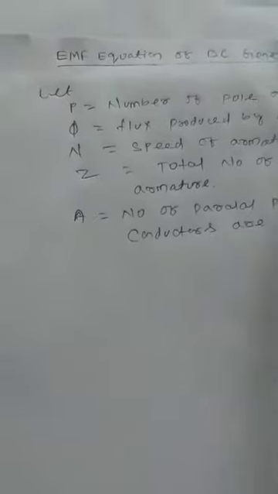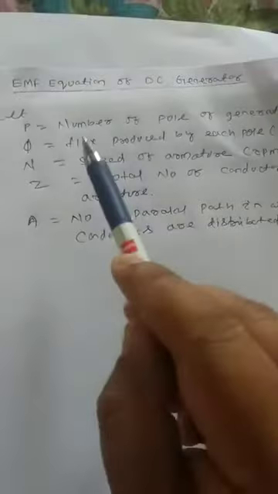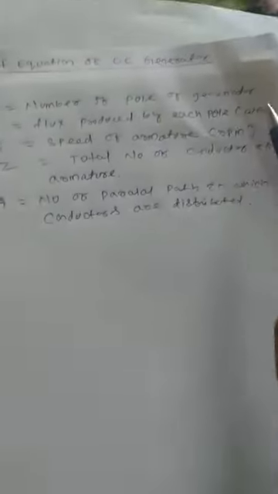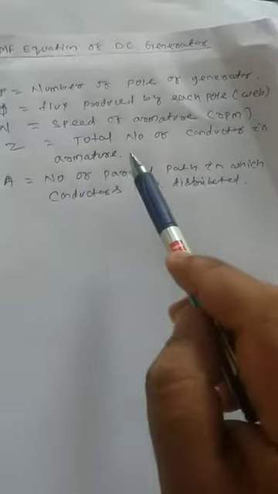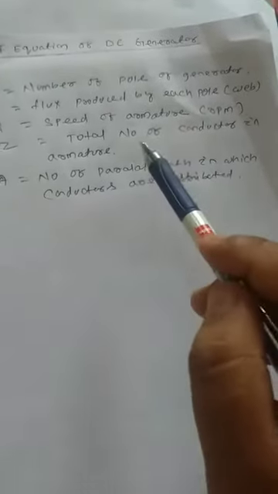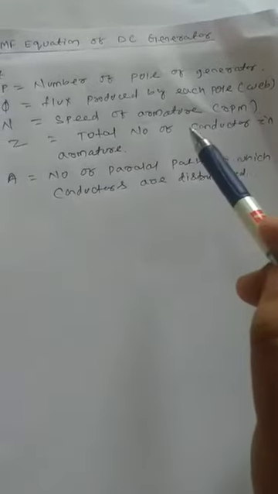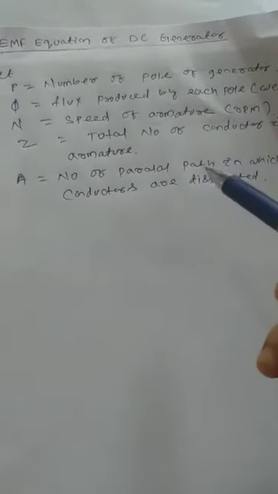So here we have P equal to the number of poles of the generator, phi is the flux produced by each pole in Weber, N is the speed of the armature in RPM, Z is the total number of conductors in the armature, and A is the number of parallel paths in which conductors are distributed.